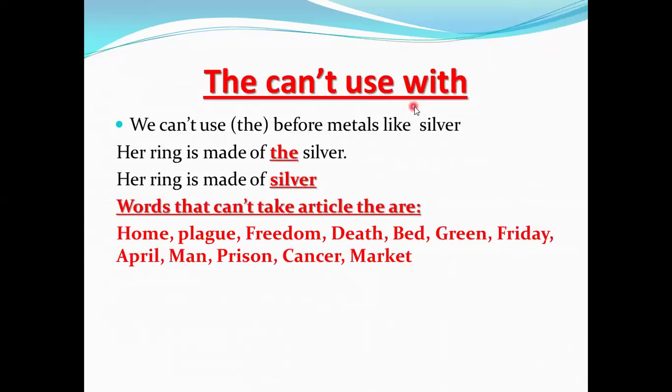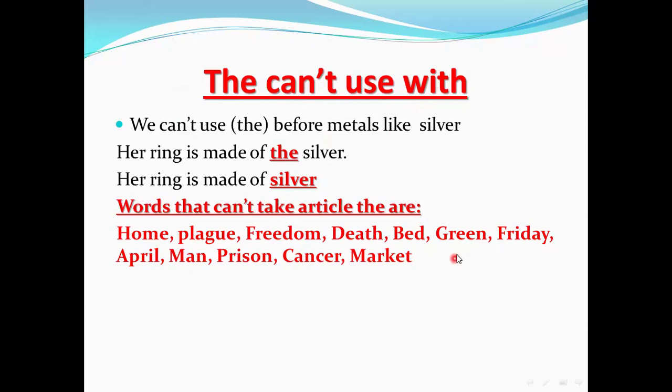We can't use the before metals, like the silver. You can't say the silver. You can say silver without saying the. Which words can't take the? We say home, bus, home, bus, freedom, dust, bed. Before colors, they don't use the.